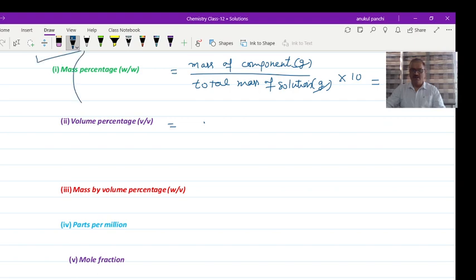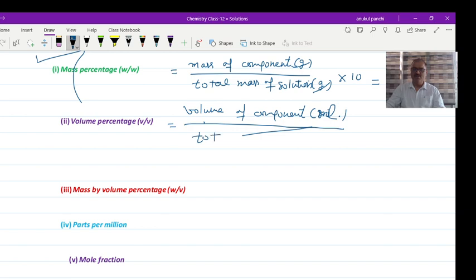The formula becomes volume of component, which component? The one whose volume percentage I want to calculate. Volume of that component, which will be in milliliter, upon total volume of solution, again that also will be in milliliter, into 100.